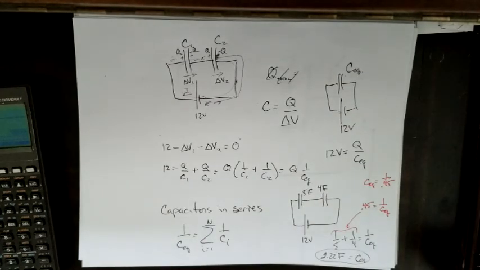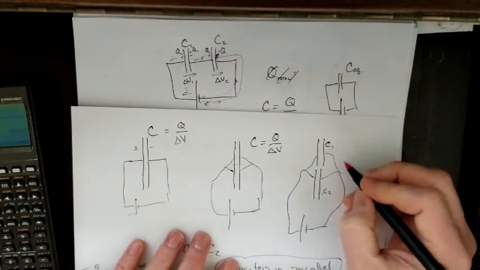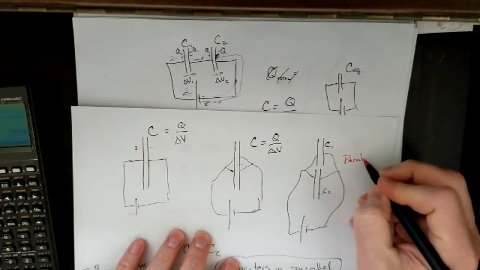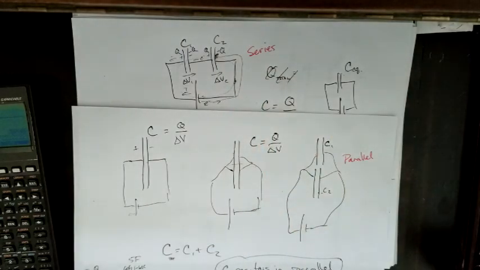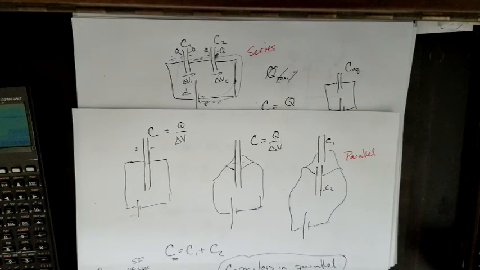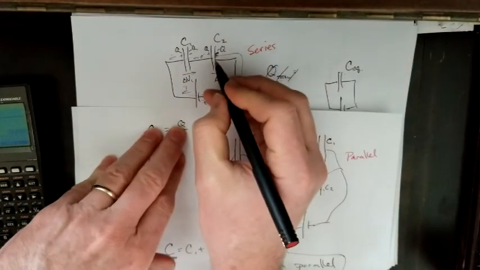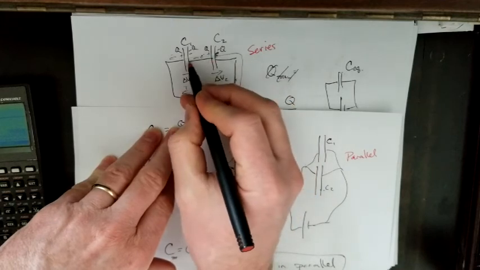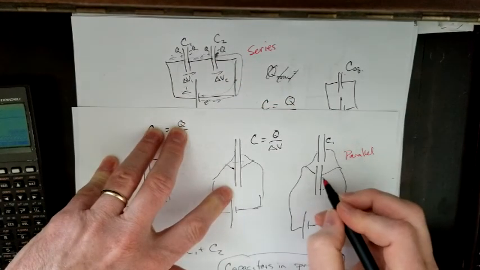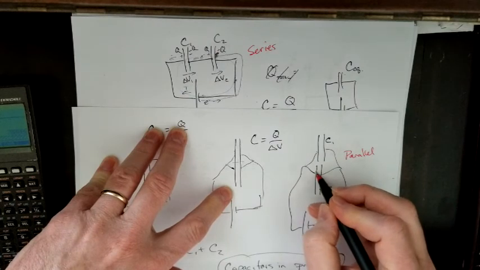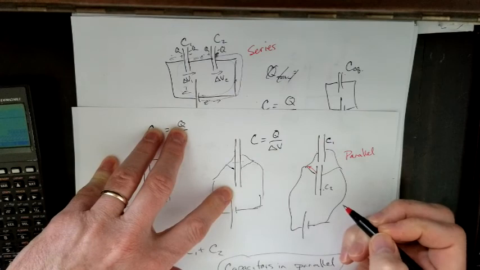The other big mistake that students make is they confuse parallel and series. Again, this is parallel, and this is series. Now, one way of telling the difference is there cannot be a junction between them in series. So any charge that is leaving this plate has to go onto this plate. As opposed to here, any charge that's leaving this plate right here will come to a divide and actually will split.